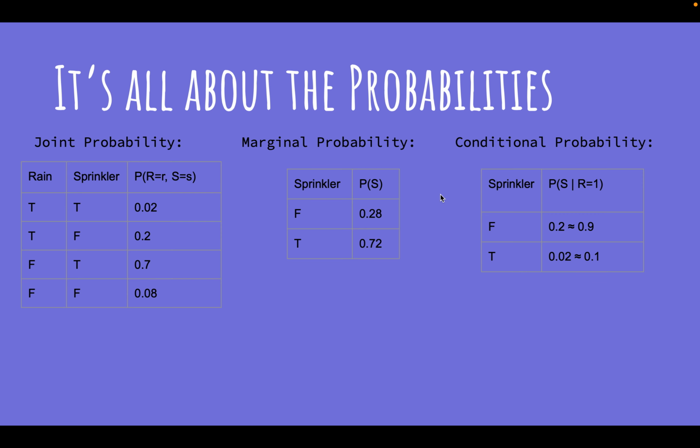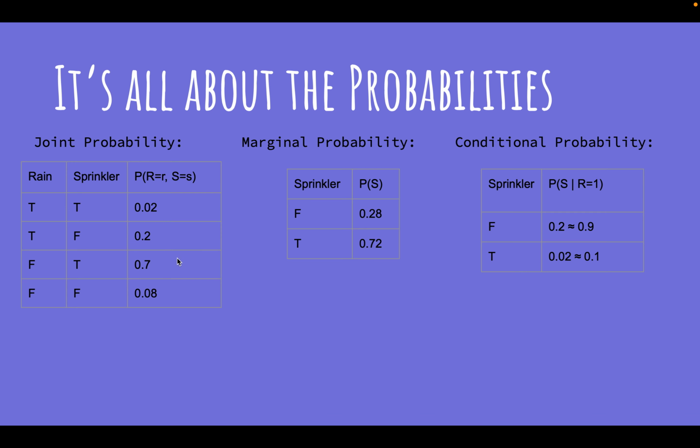The marginal probability is just a sum of the probabilities of something, disregarding everything else, right? So the probability of the evidence. So what this means is, if you look at the sprinkler, if we don't care about whether it's raining or not, we're just seeing if the sprinkler's on or off.